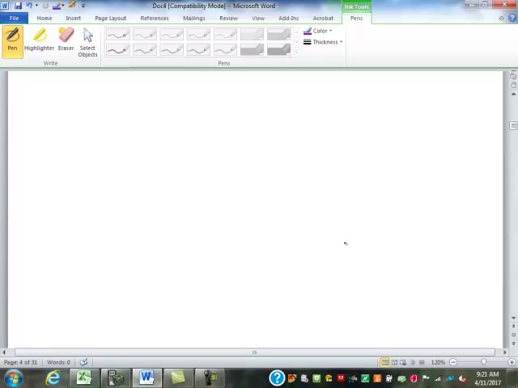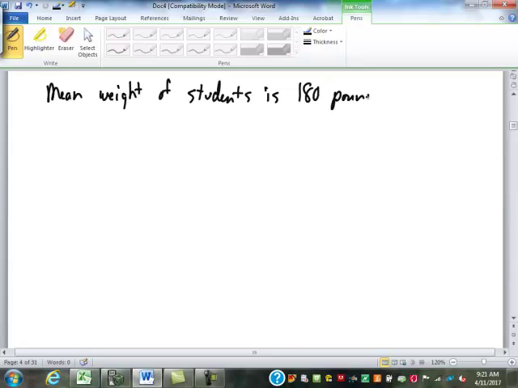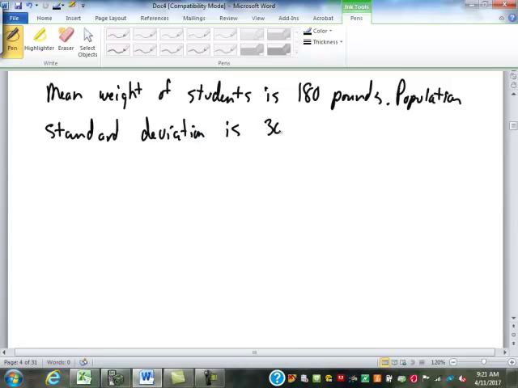Well, let's look at one that's two-tailed. Let's say that we assume the mean weight of students is 180 pounds, and we're given the population standard deviation is 30 pounds.